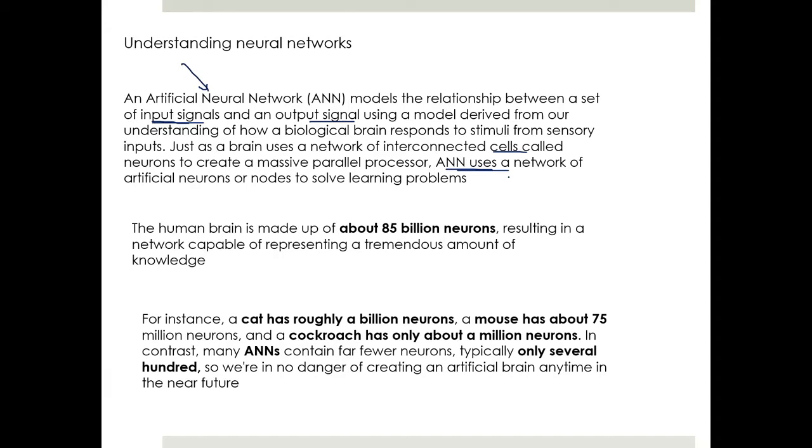Now, one thing you have to understand is the complexity of the brain. A human brain has 85 billion neurons and the interconnections between these 85 billion neurons. Now, what is the world's population, guys? Any idea? You can take a random guess.